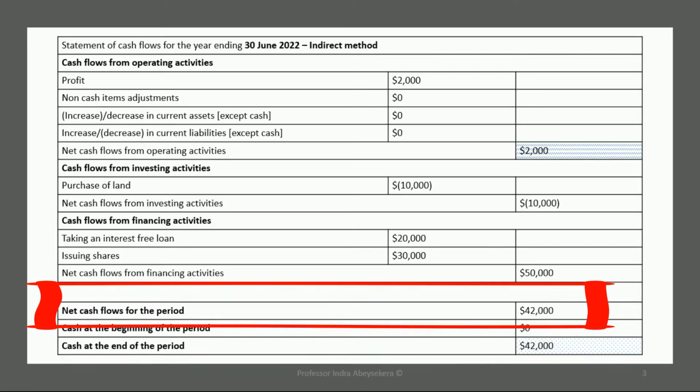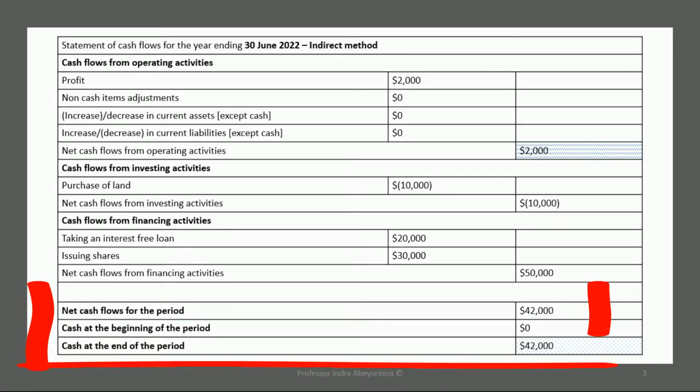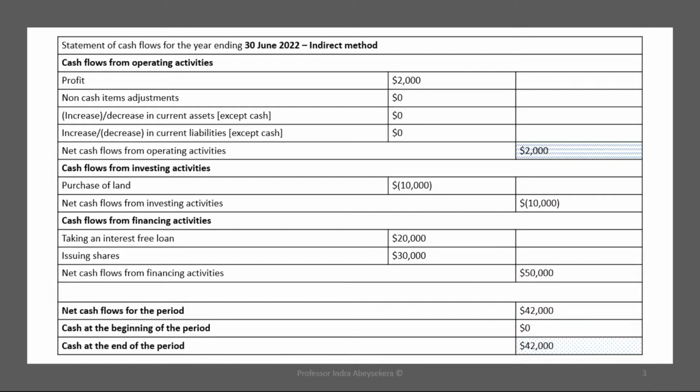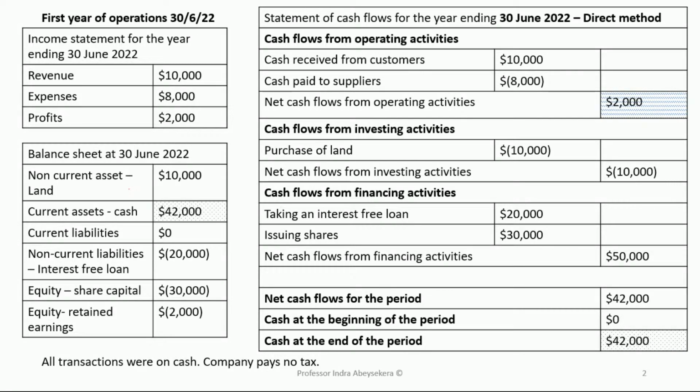Cash at the beginning of the period is 0, and cash at the end of the period is 42,000. Under the indirect method and direct method, the cash at the end of the period should be 42,000. That 42,000 should match with the balance sheet cash position of 42,000.